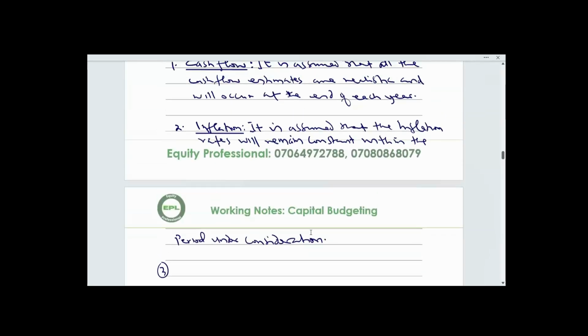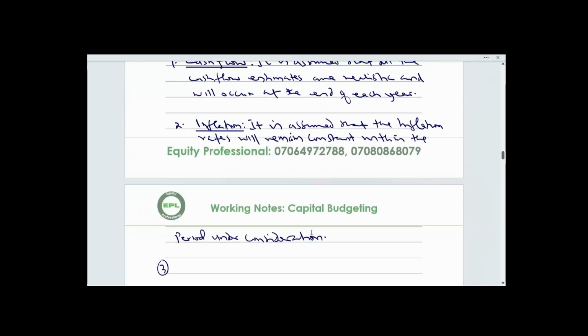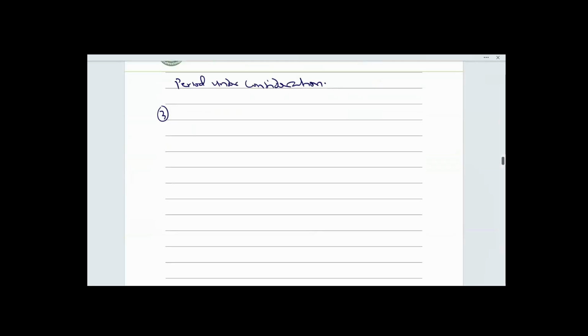Number three, any other assumption that you have made in the calculation, you talk about them. So we then go back to the question, starting from direct costs. Under the direct costs, no much assumption. We didn't make any assumption on that. We move to indirect costs. Under the indirect costs, we have apportionment of management salary.